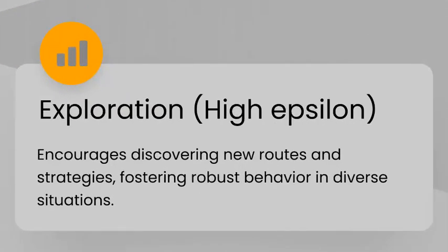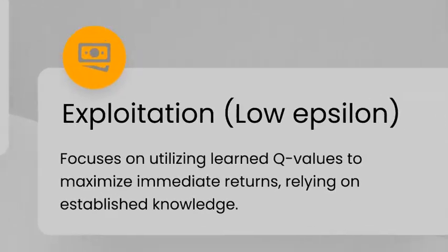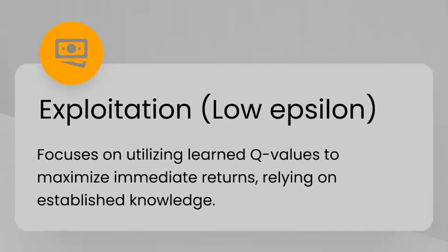Now, exploration, this is a high epsilon. This encourages new routes and strategies. It fosters robust behavior in environments that are very diverse. Whereas exploitation, this is a low epsilon. It focuses on utilizing the learned Q values to maximize immediate returns. It relies on established knowledge.